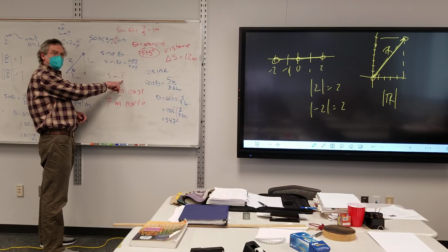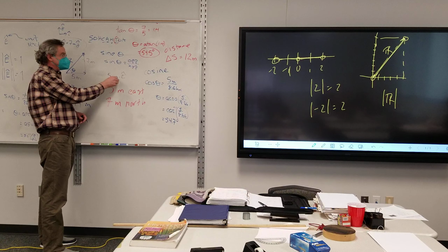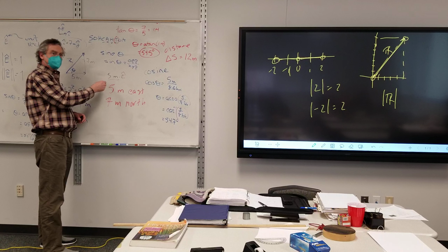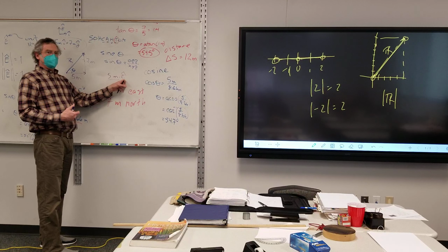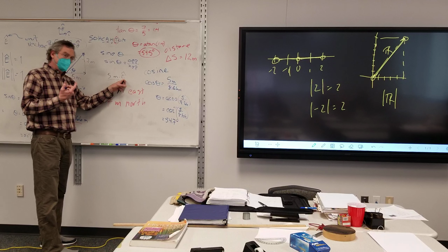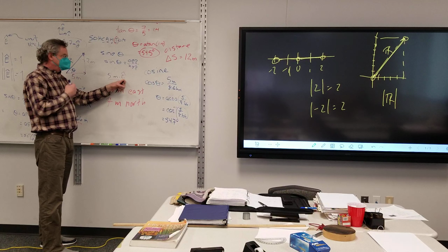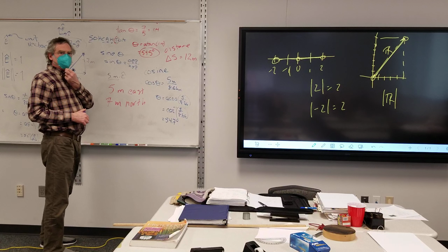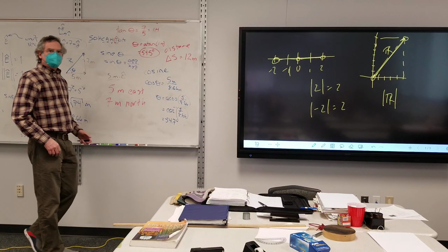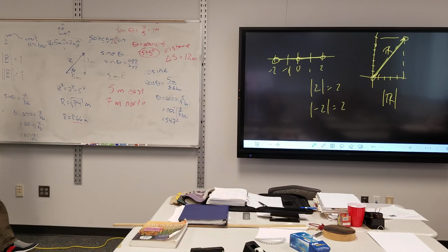Because that has a magnitude of 1, 1 times 5 is 5, so it's very clear that this is 5 meters. If I added some other magnitude to my unit vector, well, you wouldn't call it a unit vector, and it would make it unclear how far you actually go in a particular direction. Other questions?